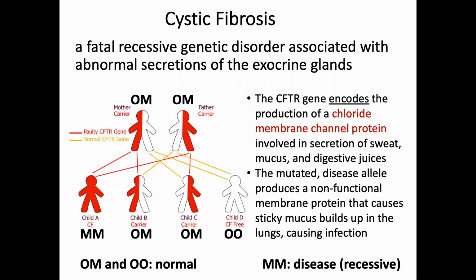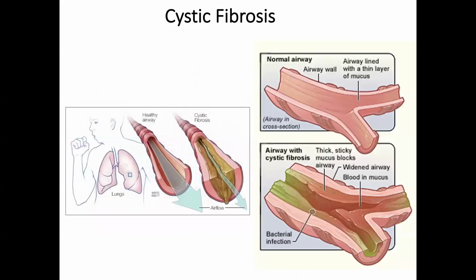So we went through cystic fibrosis quickly when we talked about autosomal recessive diseases, but we did not really discuss what mutations can cause this disease, right? The CFTR gene encodes a chloride membrane channel protein that is responsible for releasing the chloride ions out of the cells.